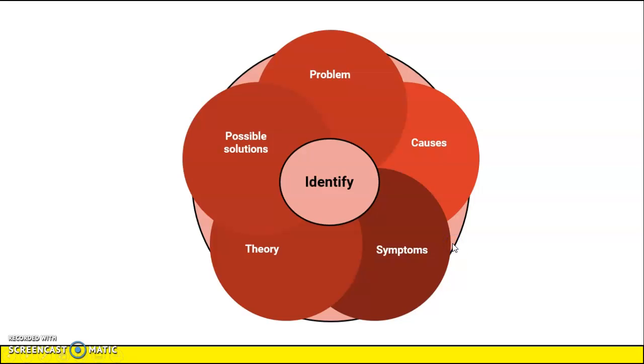So everything here deals with identifying. Initially, identify the problem. For example, the problem involves a lack of coordination at top level management. Then identify the causes. This is caused by a lack of organizational skills and a lack of assistance from support people. Then the symptoms.